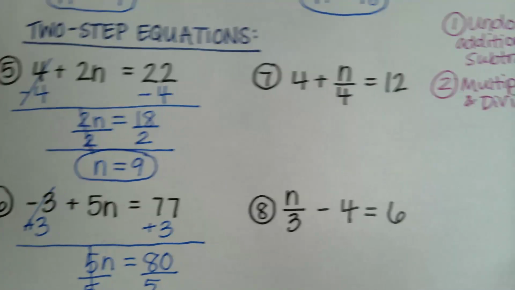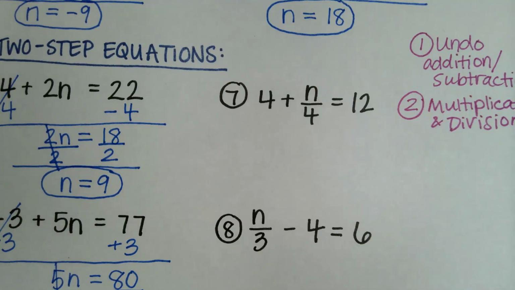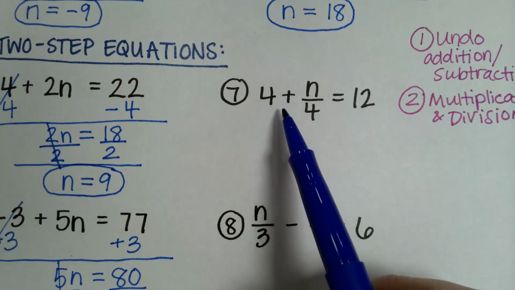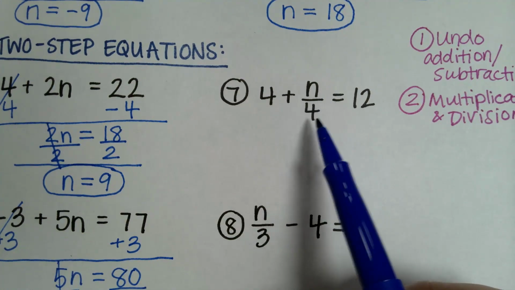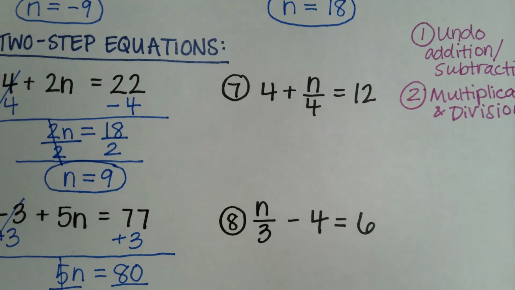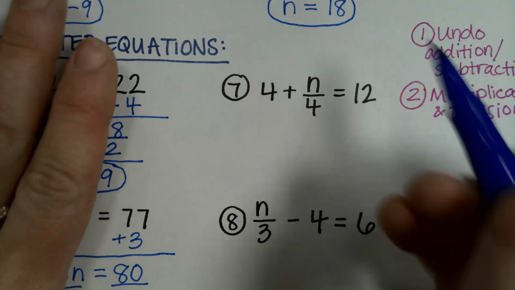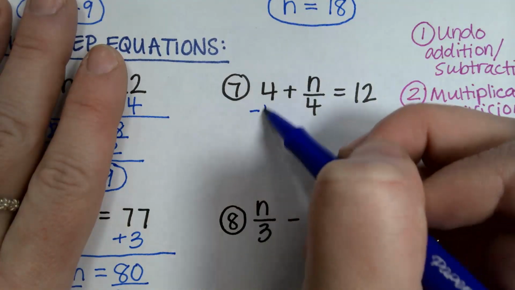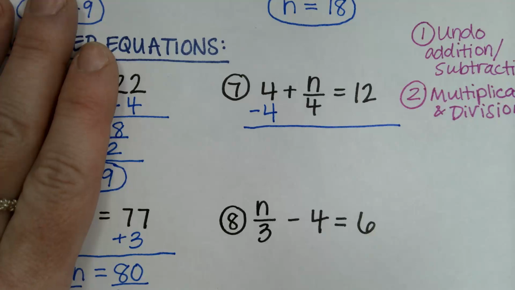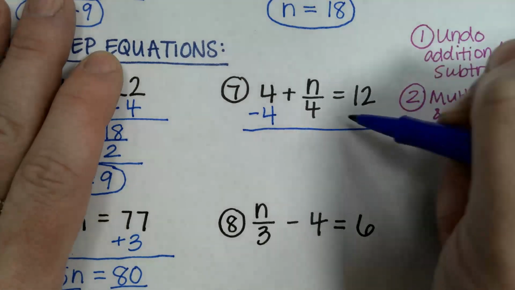Let's do 7. We're already like halfway there, guys. Okay, number 7 says 4 plus n divided by 4 equals 12. What do I do first? Yes, we're going to subtract 4 to get rid of that plus 4. Where else do I subtract 4? Under the 12.